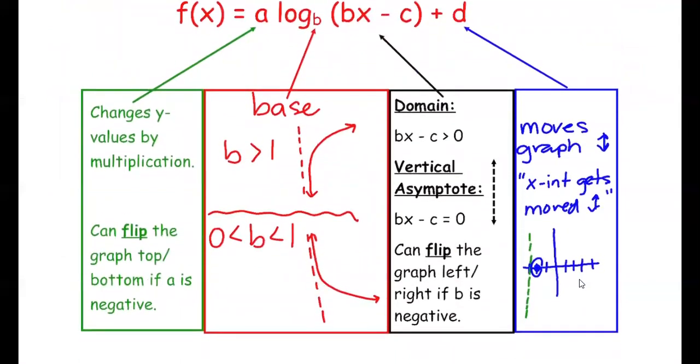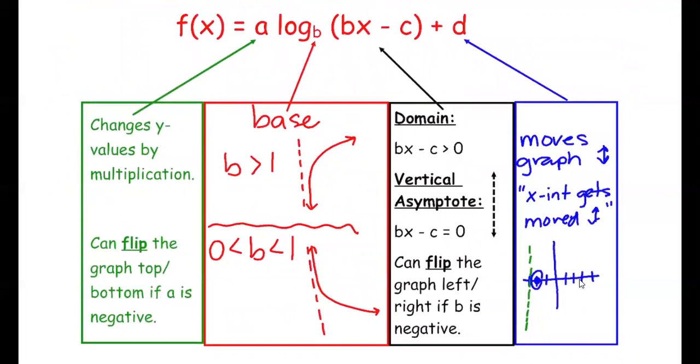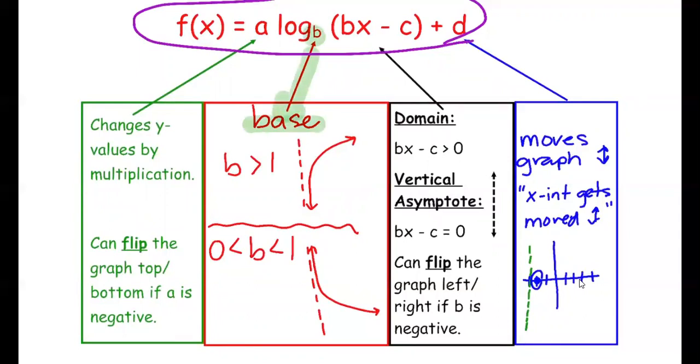Every logarithmic function will be of this form right here, and we kind of need to know what happens with all of those different variables. When you're talking about the logarithmic function, this b is dealing with the base. And that's not something we've had to really worry about before.